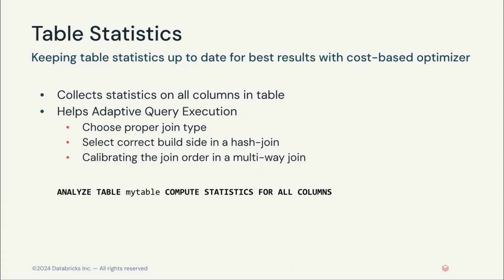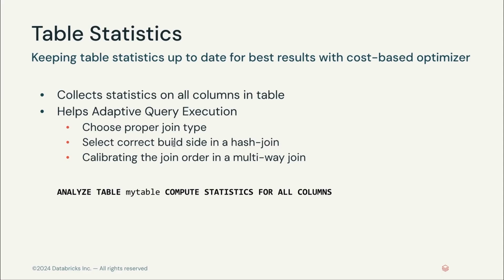There are table statistics that are going to be calculated for any of these techniques as well. As we collect these statistics on these columns, we're going to increase the optimization of the tables as we read through the data files associated with those tables. It's going to help with AQE, or adaptive query execution. We're going to be able to ensure that we choose the proper join type through that AQE.